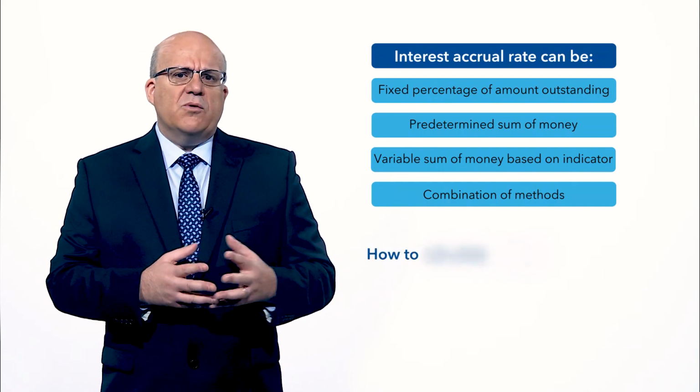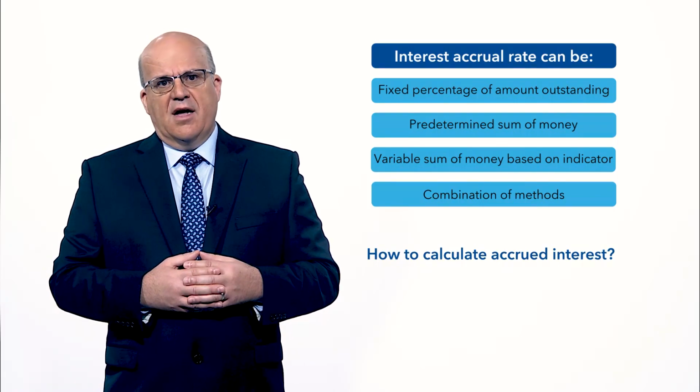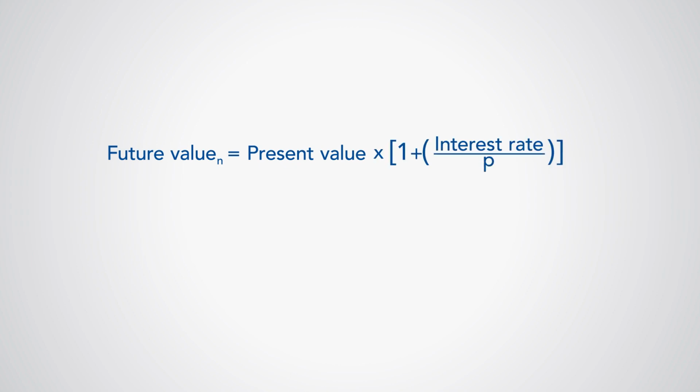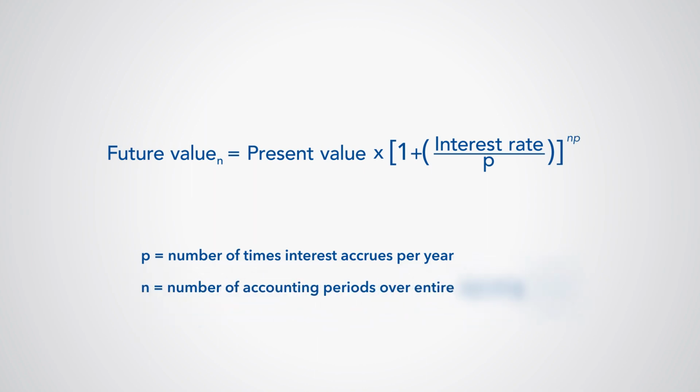So, how would we calculate accrued interest? For this, we use the compound interest formula. The future value at the end of the period N is equal to the present value multiplied by 1 plus the interest rate divided by P, which is the number of times interest accrues per year, to the power of N multiplied by P. N is the number of accounting periods in which interest accrues over the entire reporting period.